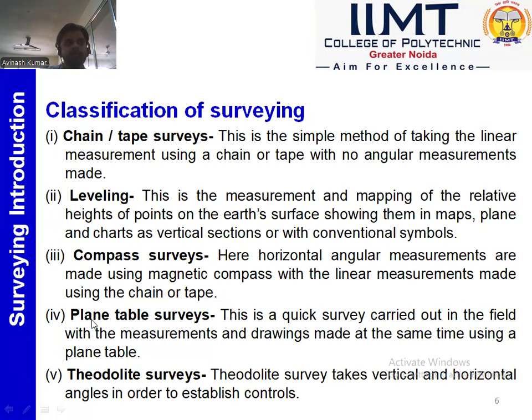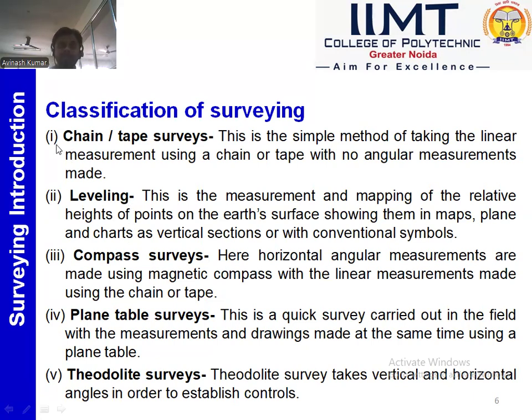Before moving to plane table survey, I would like to tell about theodolite survey. Theodolite survey is the survey in which we measure horizontal as well as vertical angle. In compass survey, we measure only horizontal angle. In chain survey, we measure horizontal distance, and in leveling, we measure vertical distance.